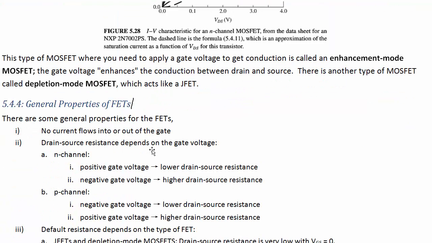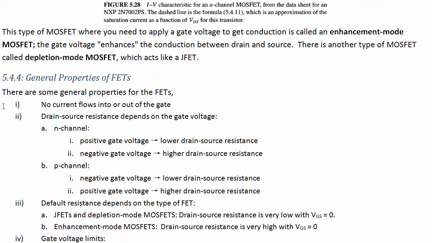All right, let's summarize these general properties of FETs we've been talking about. No current flows into or out of the gate, at least in normal operation. The drain source resistance depends on the gate voltage. For an N channel, the more positive the gate voltage, the lower the drain source resistance, and the more negative, the higher the drain source resistance. For a P channel, that's the opposite. More negative gate voltage means lowering the drain source resistance, and more positive gate voltage means higher drain source resistance.